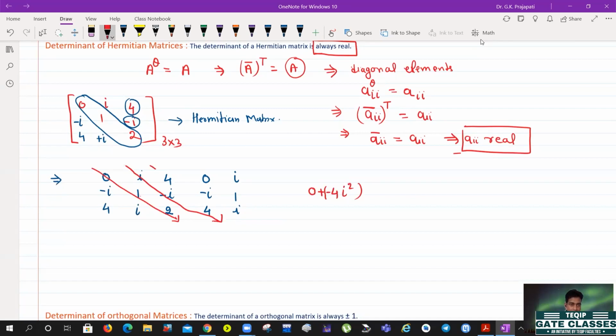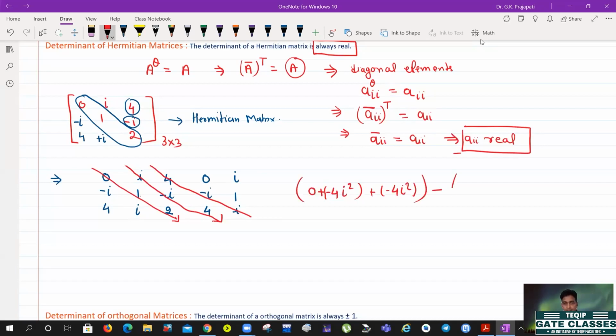And make the third diagonal from the top and multiply its elements, that is 4 into minus i into i. This becomes minus 4i square.